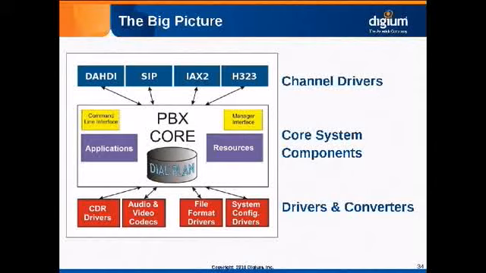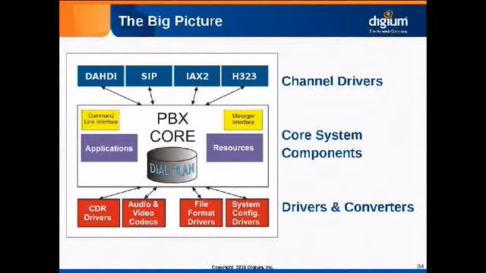These are the mathematical algorithms for shrinking down the audio or the video so it takes up less bandwidth. There's file format drivers that know how to read files from disk, write files out to disk. And then there's system configuration drivers. Drivers for saying, hey, how am I configured? What SIP devices am I supposed to talk to? What analog devices am I supposed to talk to? Those sorts of things. Those all feed into what we call the core of Asterisk.